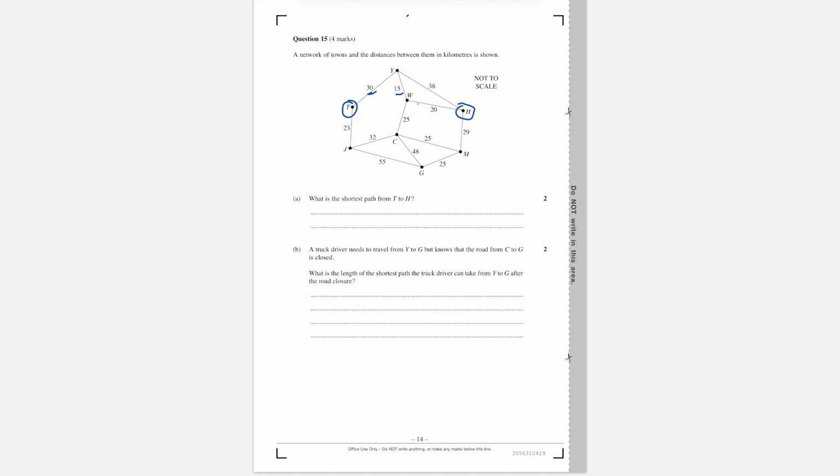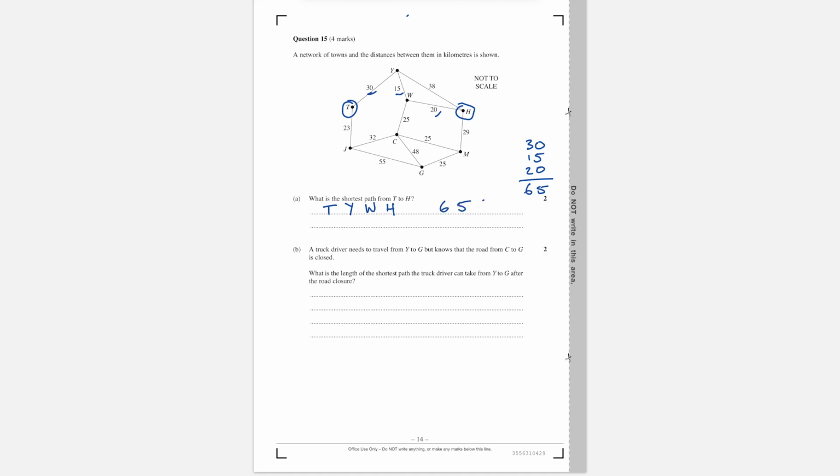And then at W, we have another choice to make, and we want to go for 20 because it's both the smaller number and it's directly connecting us to H. So our answer would be T, Y, W, H. And we can add those numbers up.